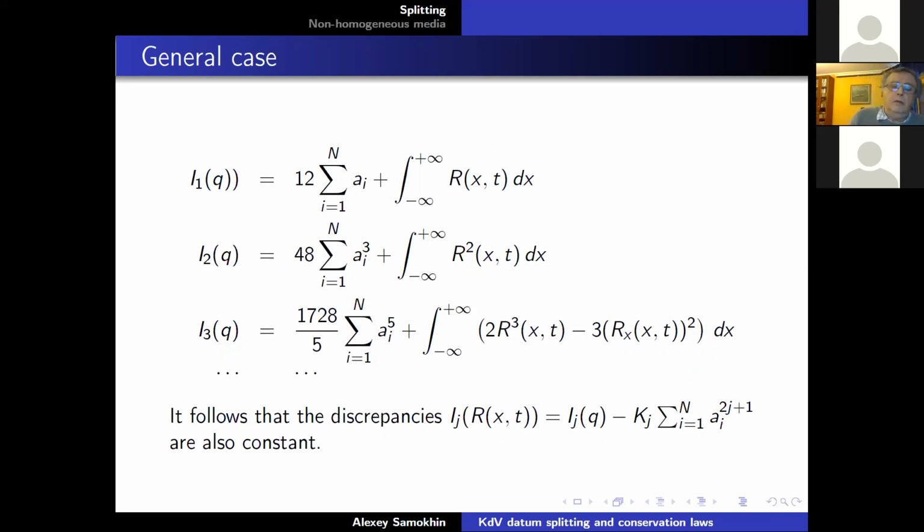And therefore, we have discrepancies instead of 0 in the left-hand side of the equation, as it was in the case of reflectionless splitting. We have now these discrepancies, and they are also constant. After some deliberation, they became constant after the splitting is over, some constants, which are hard to obtain, of course.